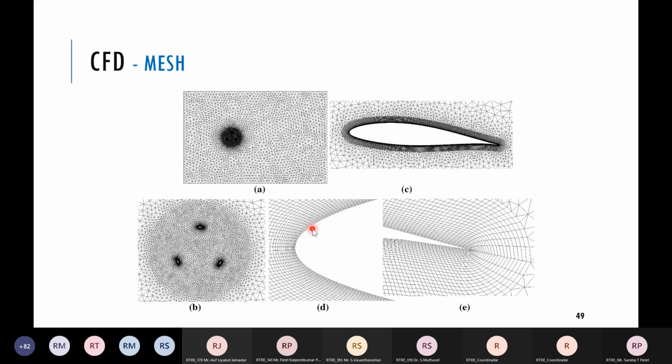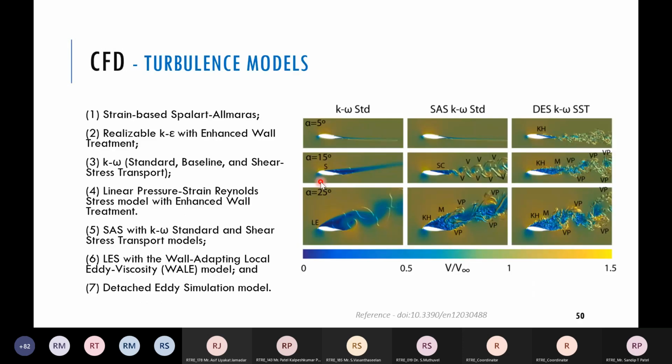Then the other crucial part is turbulence models, which physics model you need to choose. There are a lot of turbulence models which are preferred. I have listed the 7 most popular turbulence models. Among them, K omega models are giving you a better result in a reasonable amount of time.